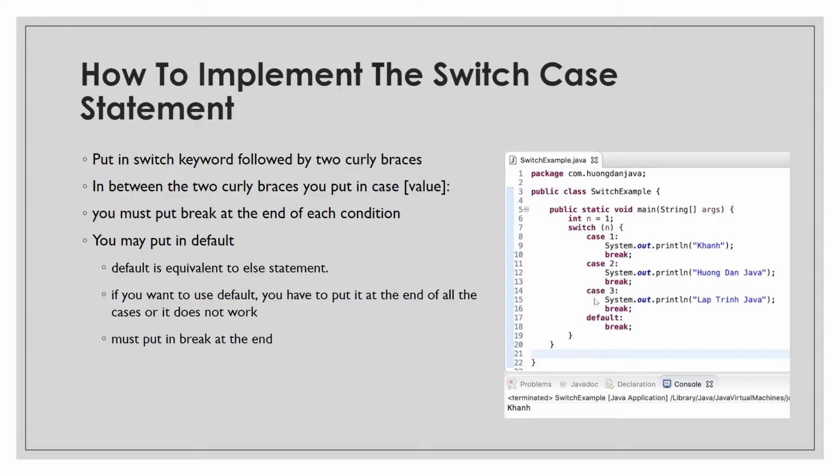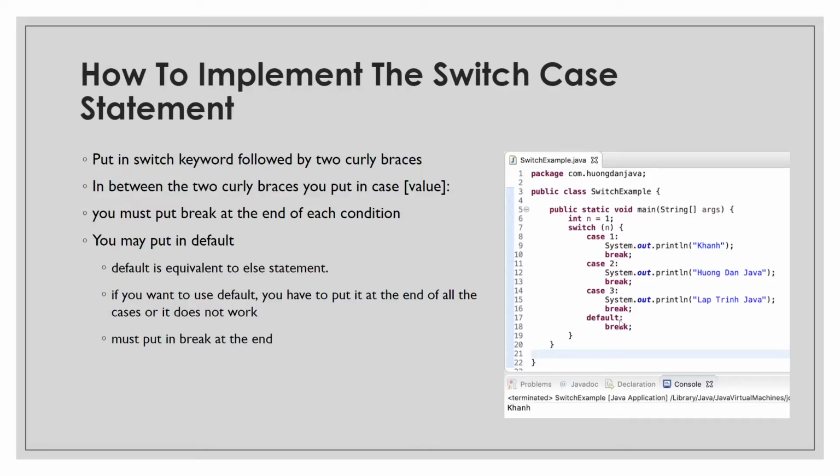If you want an equivalent of the else statement, if all else fails, the equivalent in the switch case statement is the default. So if all else fails, it defaults to this block of code.